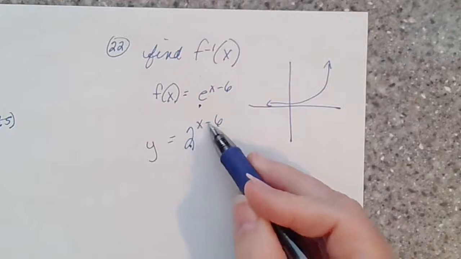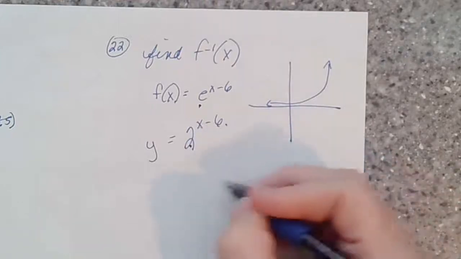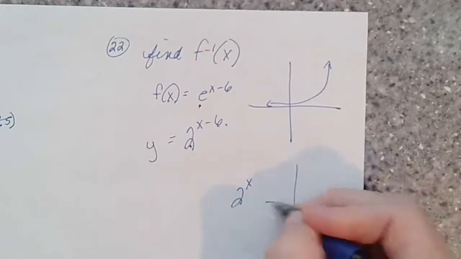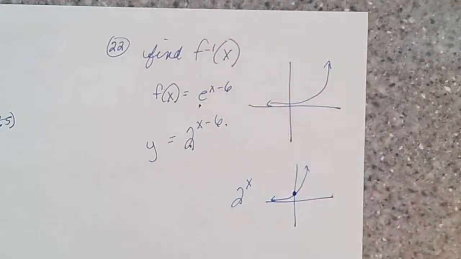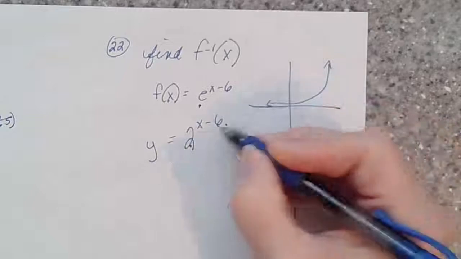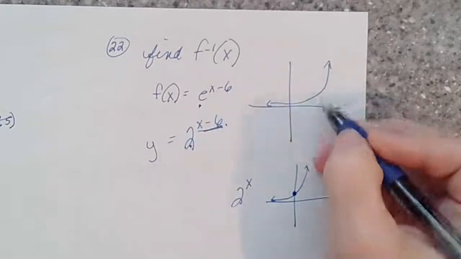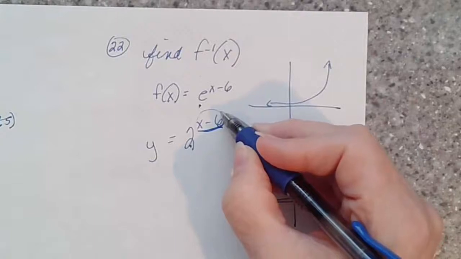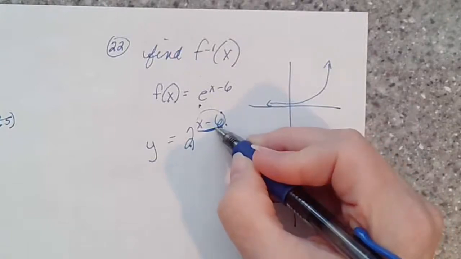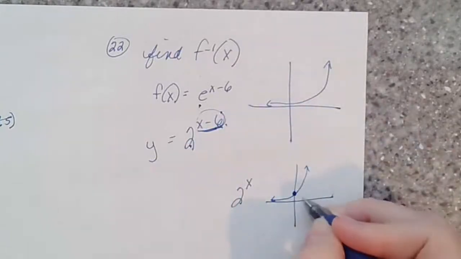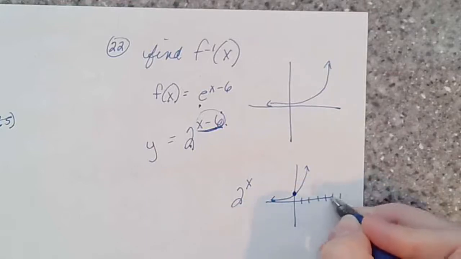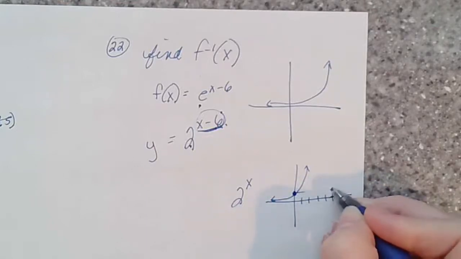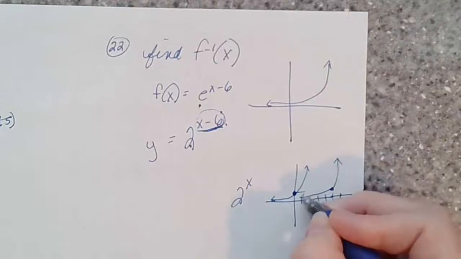Well, we learned that 2 to the x in regular form is an exponential function in standard form. So if we put this minus 6 on it, remember that's grouped with the x, so that's a left-right shift, and it's opposite of what you see. So it's going to move over 1, 2, 3, 4, 5, 6 places. It gets shifted over 6 places, and that's why it looks that way on your graphing calculator view.